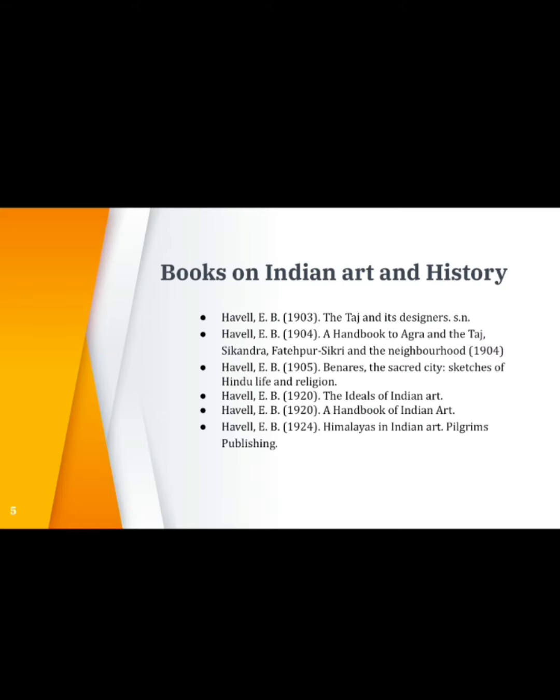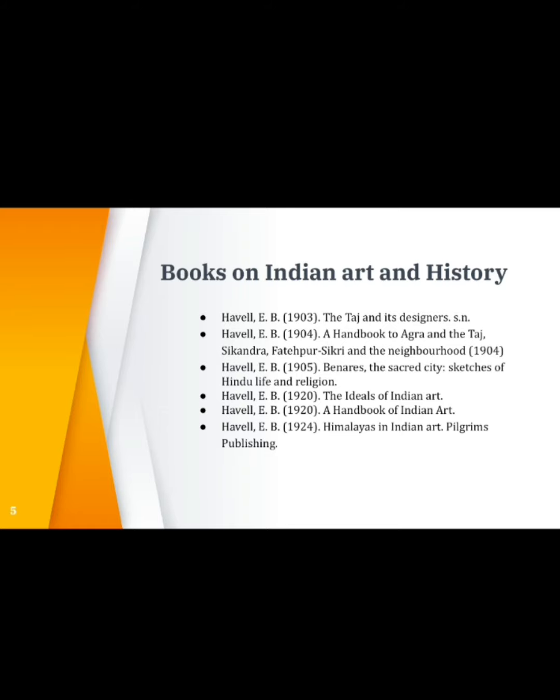Havell wrote numerous books on Indian art and history, including The Taj and its Design, a Handbook to Agra and the Taj, Benares, the Sacred City, Monograph on Stone Carving, Essay on Indian Art, Industry and Education, Indian Sculpture and Painting, The Basis for Artistic and Industrial Revival in India, Indian Architecture, its Psychology, its Structure, and its History from the first Mohammedan invasion to the present day, The Ancient and Medieval Architecture of India, The Handbook of Indian Art, The Ideals of Indian Art, and Himalayas and then Indian Art.